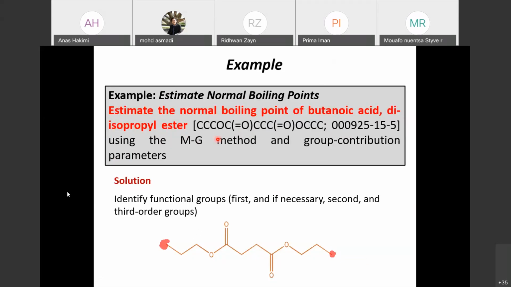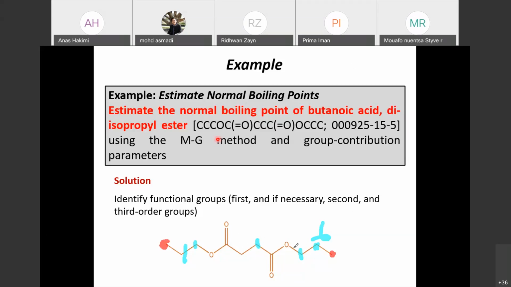How about CH2? CH2: 1, 2, 3, 1, 2. How many? I think CH2 they have 4, or 6? Yeah, 6.